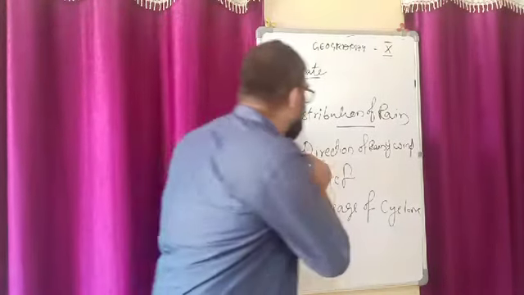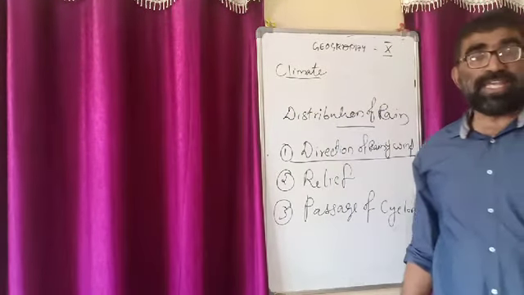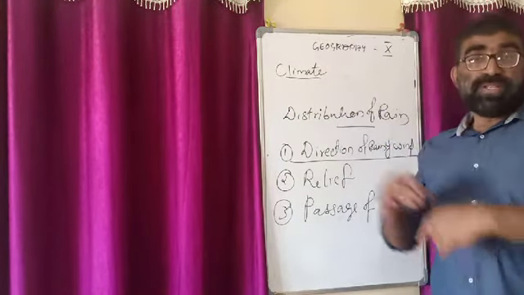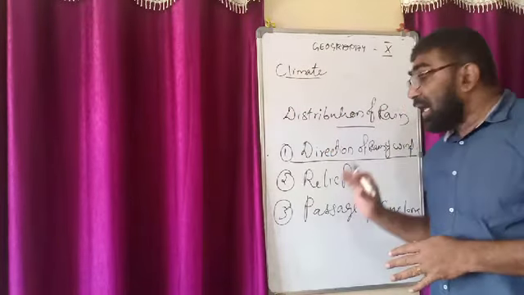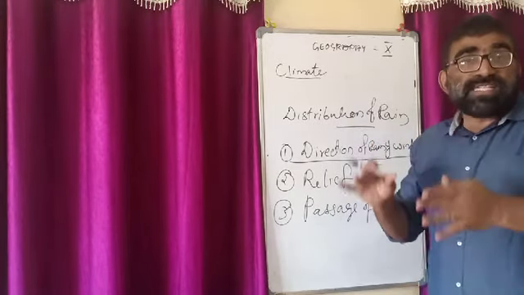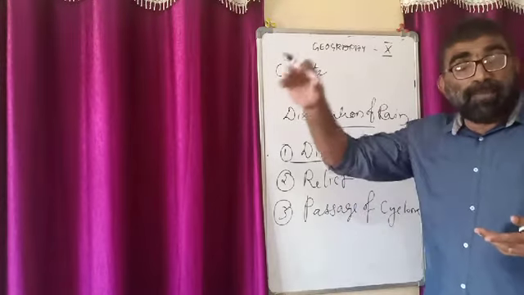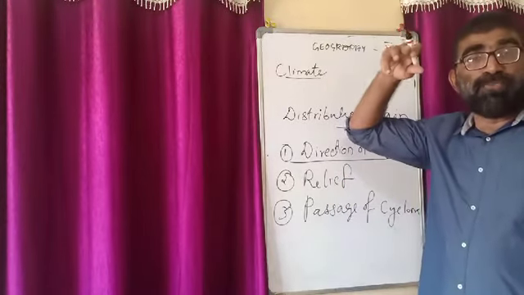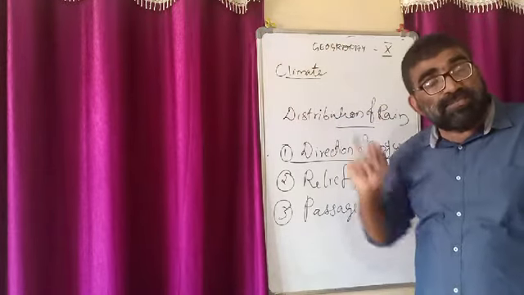Direction of rain bearing winds, direction of moisture bearing winds. We have seen the southwest monsoon winds, which carry moisture from the Arabian Sea and give rainfall on their path. The western side of the Western Ghats receives heavy rainfall, the Malabar coast receives heavy rainfall, and also the northern plain, south of the Himalayas, receives rainfall.